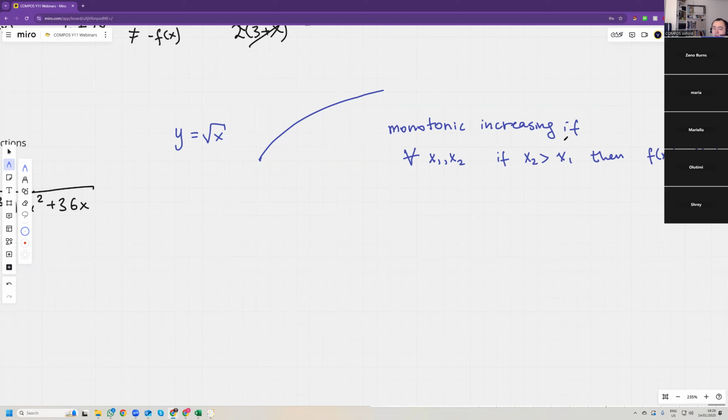That's monotonic increasing. This is strictly monotonic increasing.